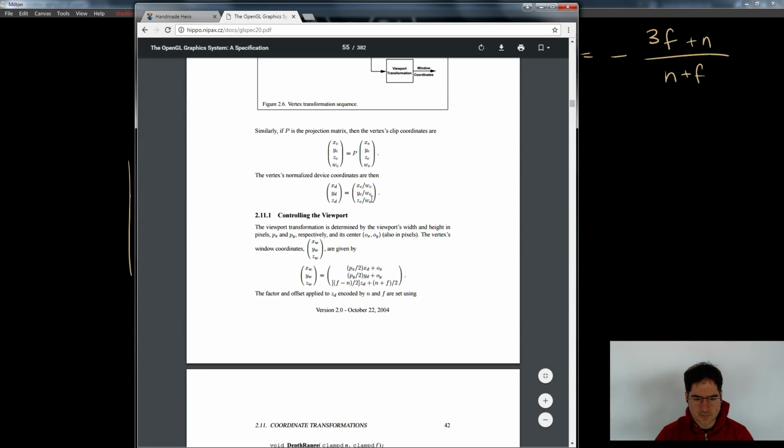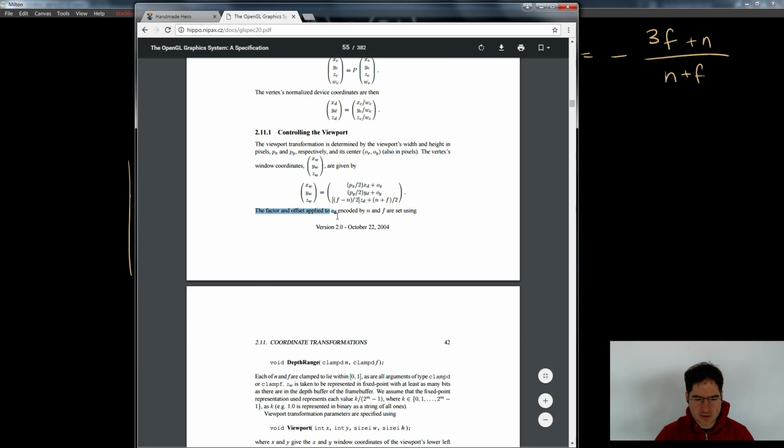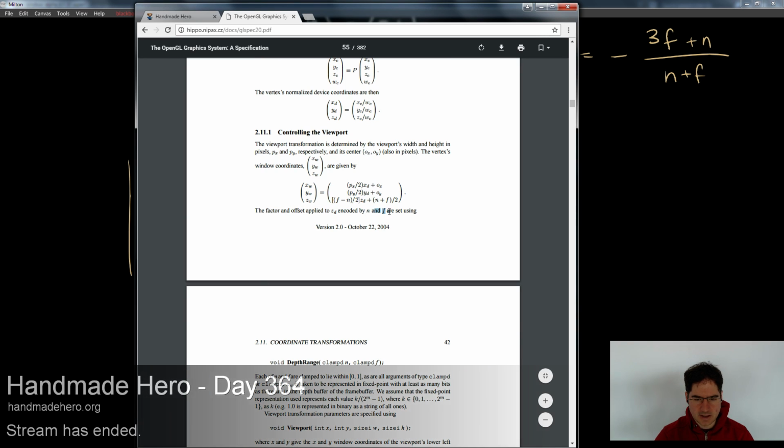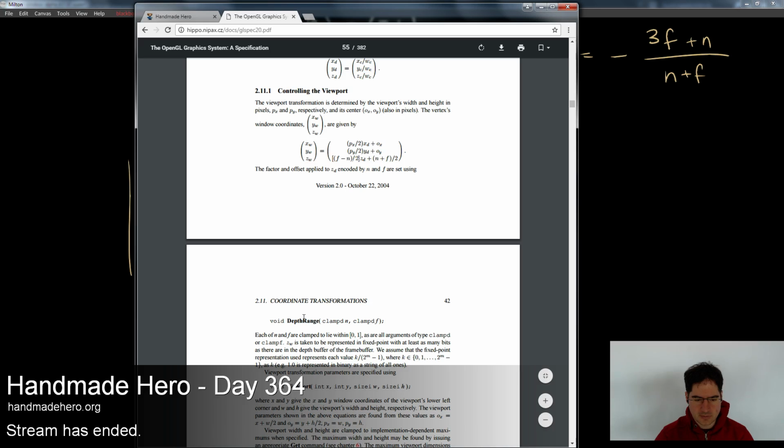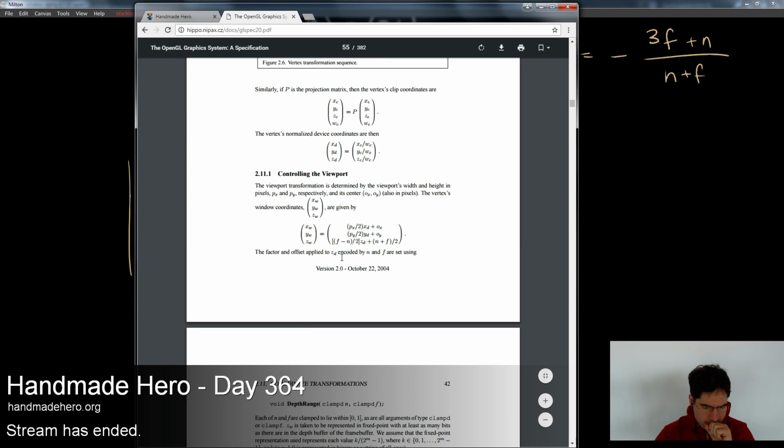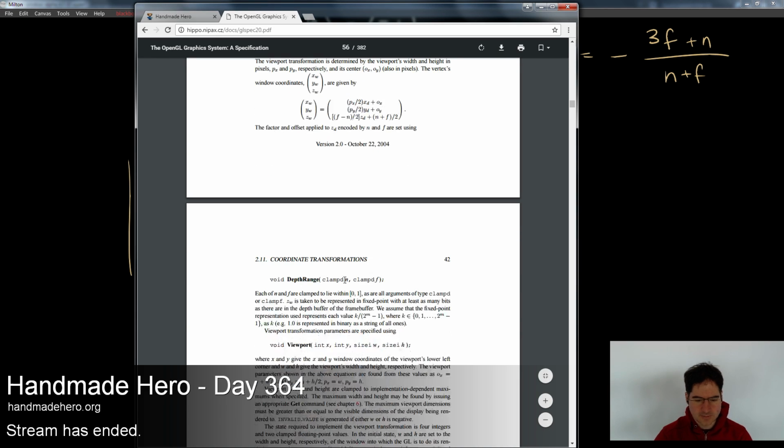You can see that here. So pretty sure the factor and offset applied to z_d, encoded by n and f, are set using the depth range. So that's fine.